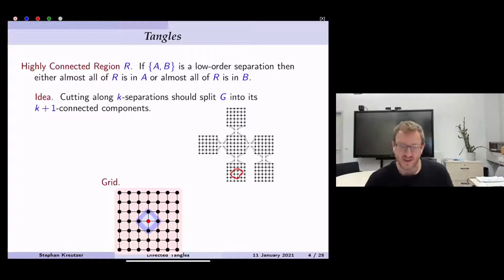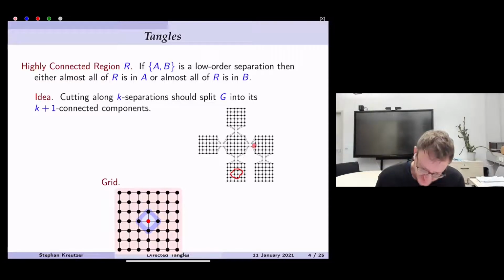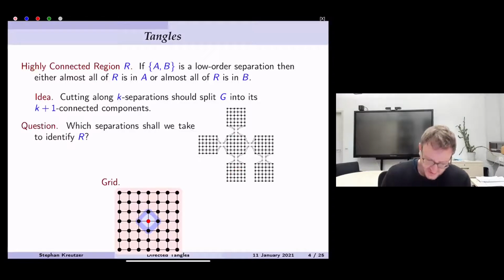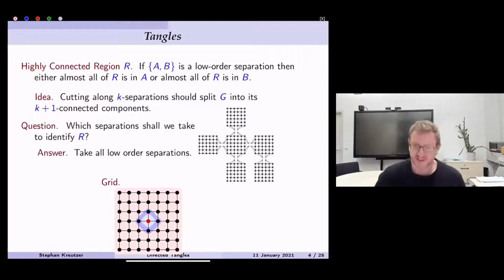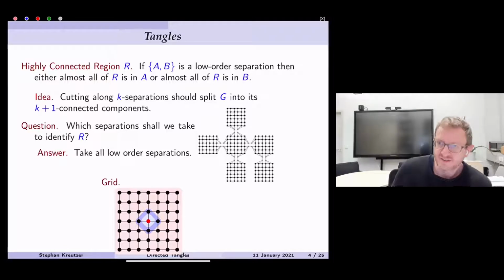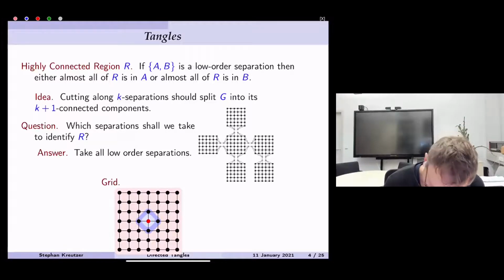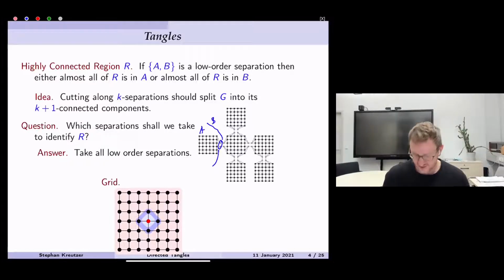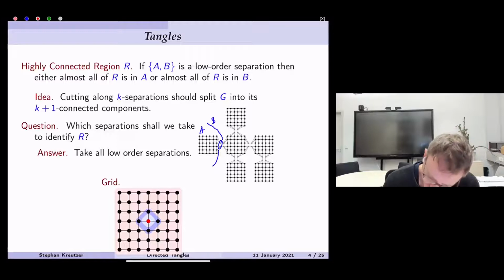So the question would be, what kind of separations would we take to identify this highly connected region? And the answer that's taken by tangles is, if you don't know which one to take, then let's take them all. So the general idea is, if you take, let's say, this order 2 separation here, with these two sides A and B, then we can just ask the separation on which of your two sides is the highly connected piece that we want to define.